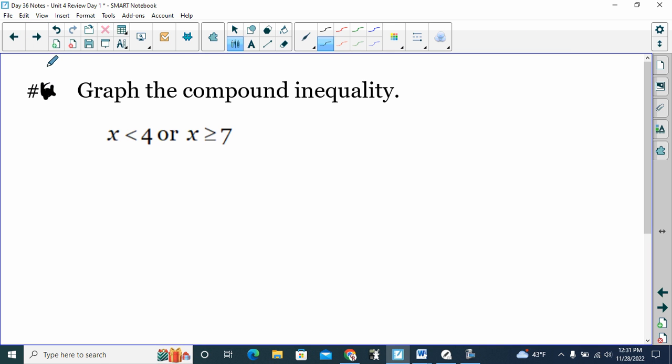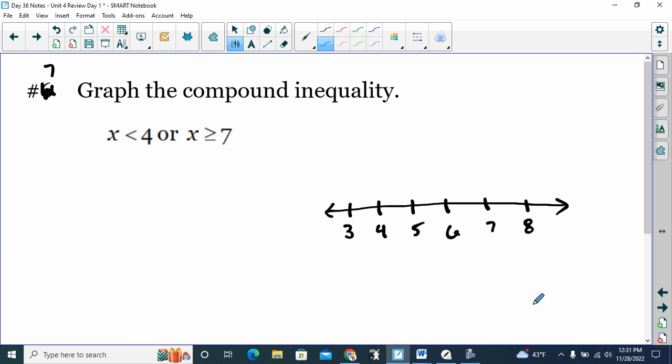Number 7 asks us to graph the compound inequality. Graph the given compound inequality. So let's make sure that we have 4 and 7 on there, maybe a little bit more in each direction. For an or statement, that means this one could be true, or it's possible this one could be true.